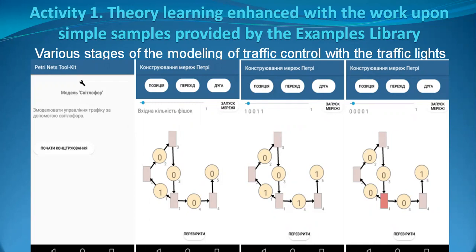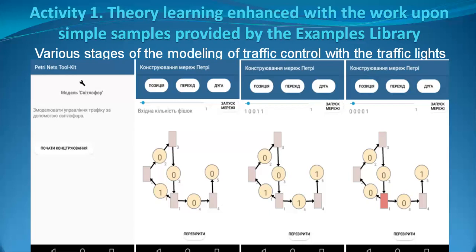Here, students are asked to determine which places refer to the traffic lights, what functions of transitions are. Then students are encouraged to add independently proper places and transitions in order to simulate triggering of traffic movement, to set up initial marking and execute the net.